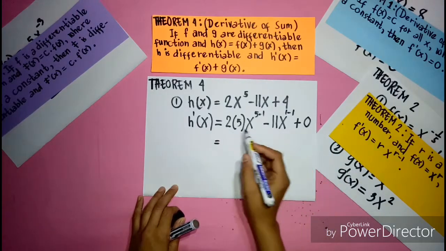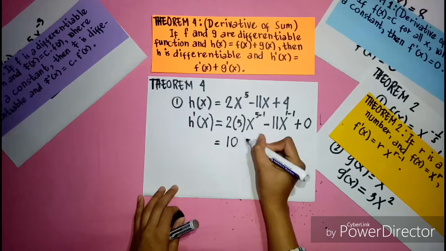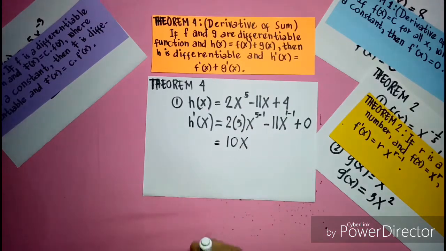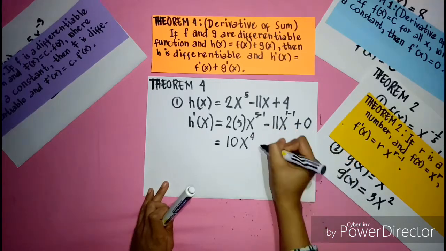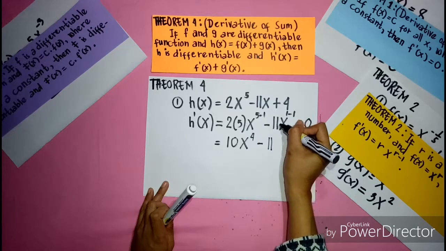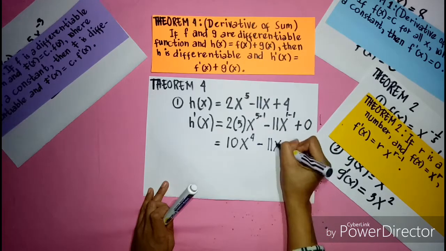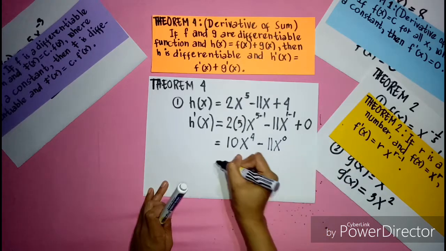That is equal to 2 times 5, which is 10, x to the 5 minus 1 is 4, minus 11, then x to the 1 minus 1 is 0, then plus 0, no need to write.